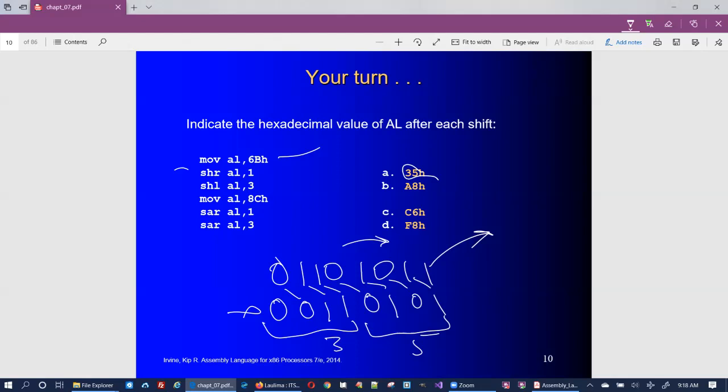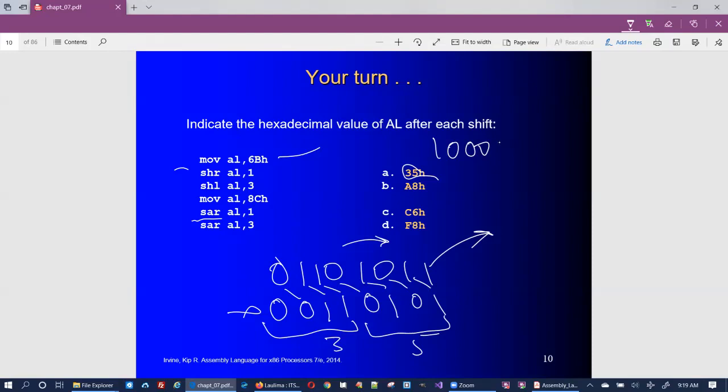And here we're doing an arithmetic right shift. So if we do this one, we start out with AL is equal to 8C. AL equals 8C is 1, 0, 0, 0.